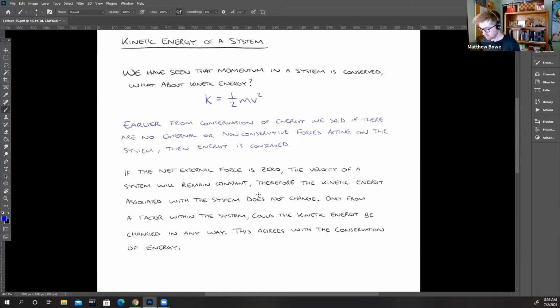We could also say the same thing. If the net external force is 0, the velocity of our system will remain constant. Therefore, the kinetic energy associated with the system does not change. Only from a factor within the system could the kinetic energy be changed in any way.